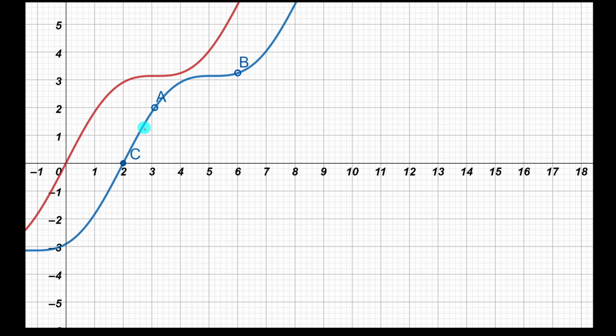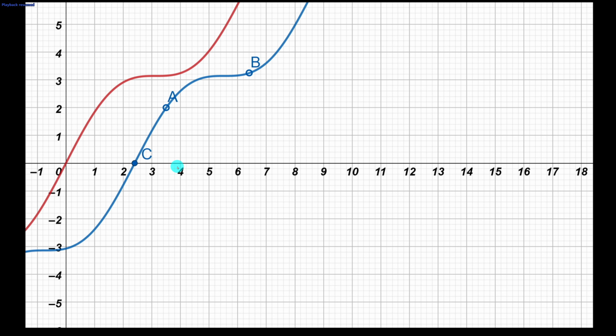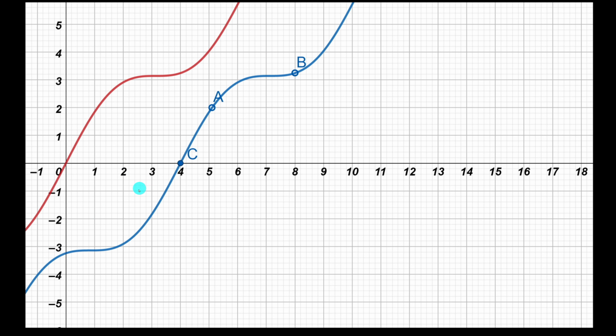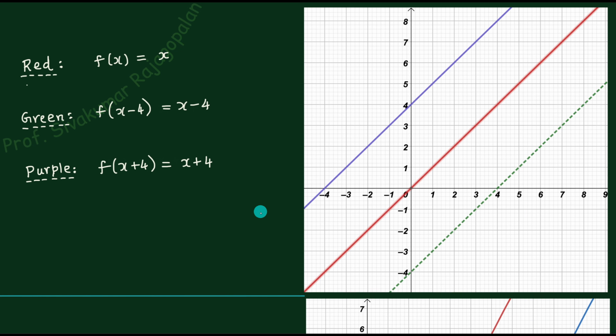That is a question. The answer is that the blue color curve is obtained by doing a shifting or translation of the red curve along the x direction by some amount. Here it is 2. So if it is the case, you can place it anywhere. Okay, 2 or 4, whatever it is. If it is the case, the question is what is the equation? I'll show the equation now.